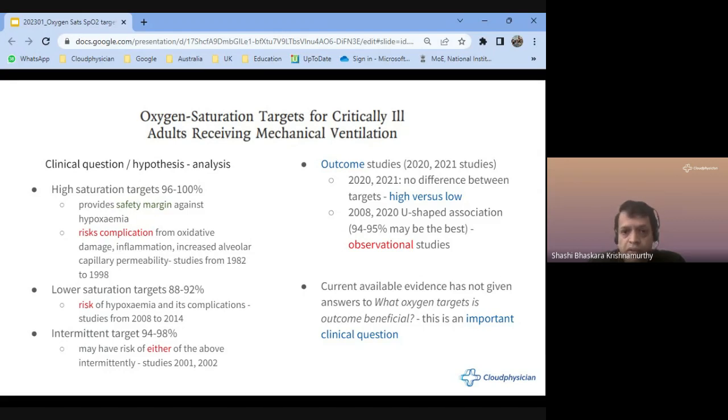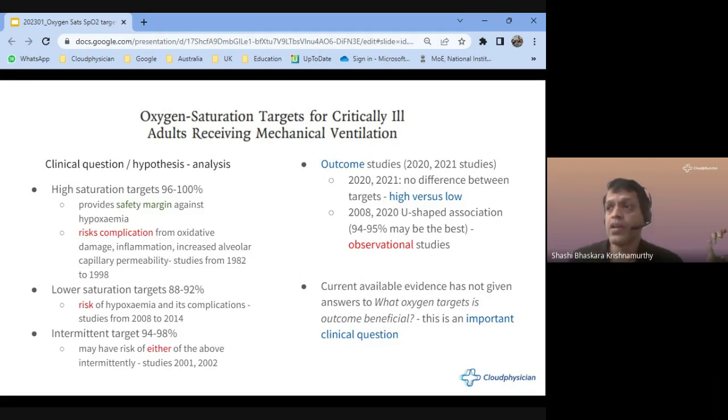So, higher saturations provide a good safety margin, but they do carry risks of oxidative damage, inflammation, and increased alveolar capillary permeability, and many of these studies are quite old, trying to find the problems with high oxygenation between 1982 and 1998.